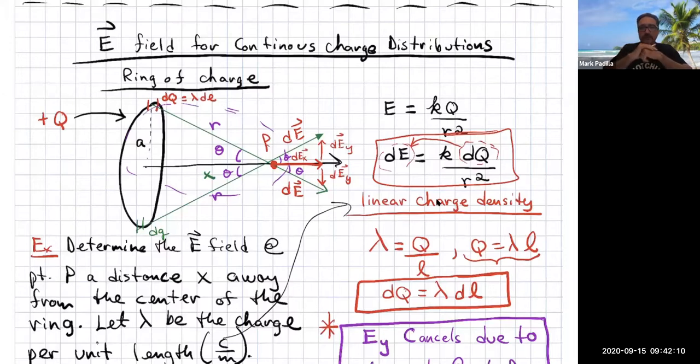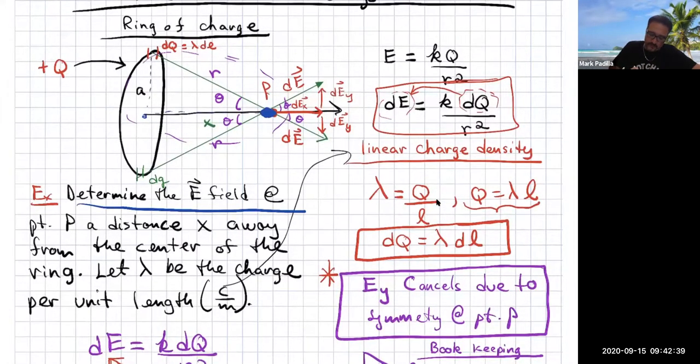The first object I picked was a ring of charge. The ring of charge has a positive Q to it, the whole ring. Now the ring is sideways, and from its middle we're propagating outward, and we're picking a point P, and we're saying, what is the E field along that point due to that ring of charge?